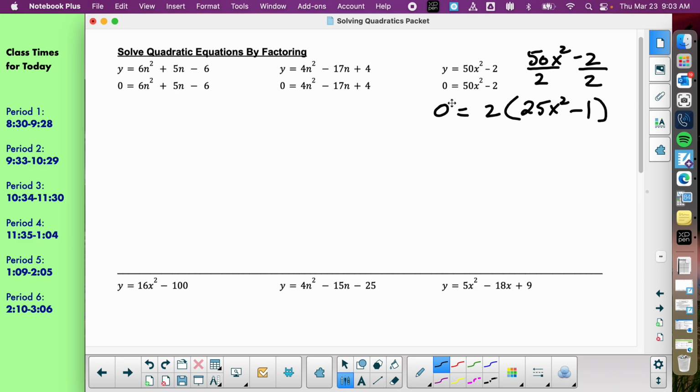Does anybody remember how to factor difference of squares? So there's only 2 things here. There's no middle term, so there's a very quick way to do it without actually having to do any work. You can make a middle term of 0 if you want, sure. Because then you would be multiplying the outside two numbers, and that would work.